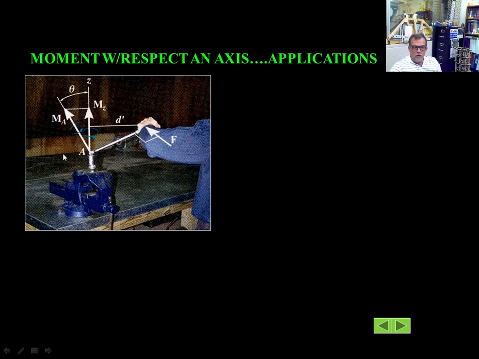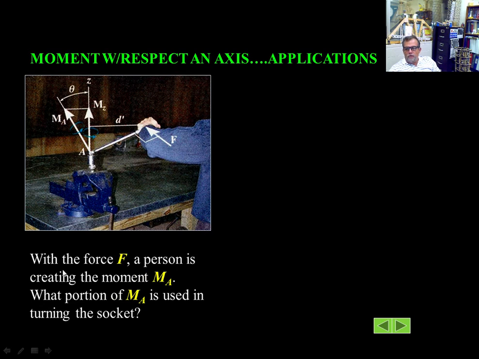Okay, the next topic for today's lecture is going to be moment with respect to an axis, an application. With the force F, a person is creating a moment MA. What portion of MA is used to turn the socket?